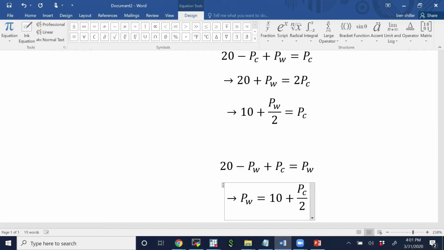Again, the price of wheat is not entirely determined by setting demand equal to supply in the wheat market, because the demand for wheat also depended on the price of corn. When we're looking for what happens in general equilibrium, we want demand to equal supply in the market for corn and also in the market for wheat.